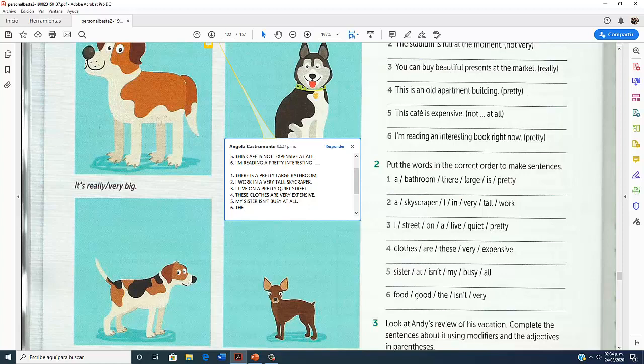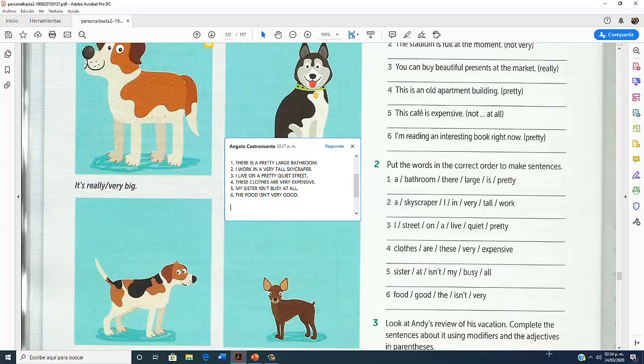The food isn't very good. Oh great, I did it. I could finish the sentences. How about you? Are you trying to write the sentences in your houses? I hope so, please. Remember, it's important to practice while you are watching the video, to do the exercise at the same time.